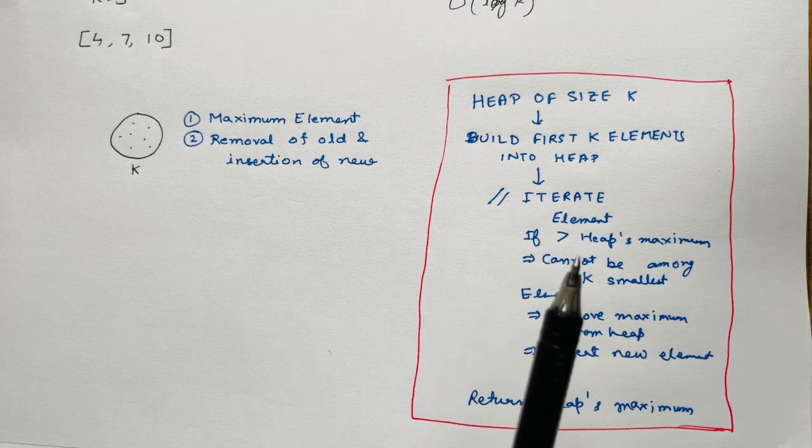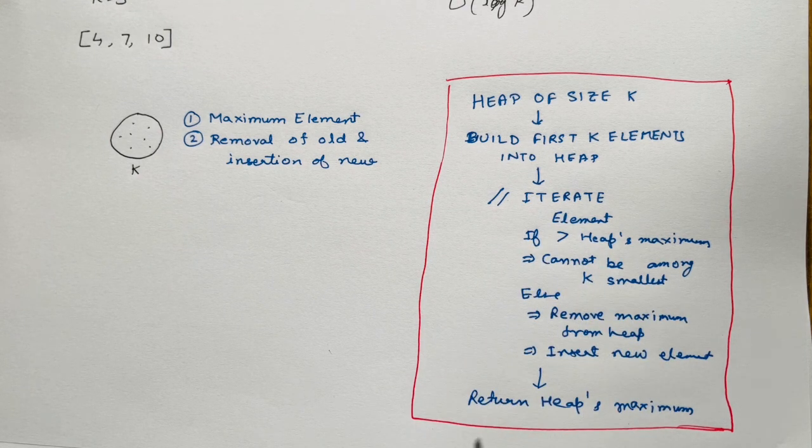If that element is greater than the heap's current maximum, that means it cannot be among the k smallest elements. And if it is smaller, that means we have to remove the maximum from the heap and insert the new element into the heap. Once this loop is done, we can return the heap's maximum, and that will be our kth smallest element.